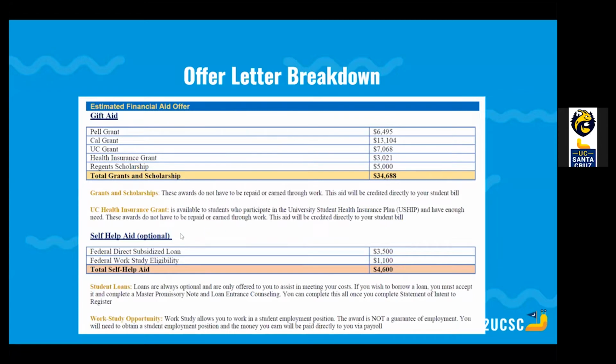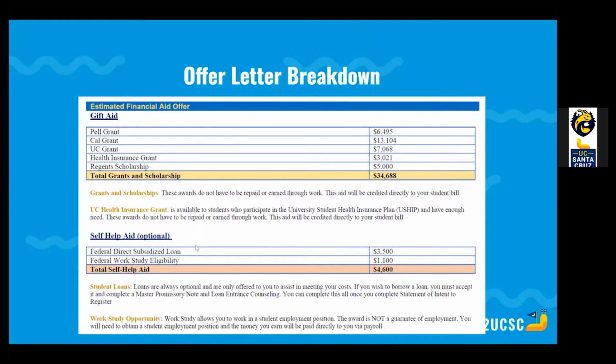You have the option to borrow a student loan. In this student's case, they were eligible for a federal subsidized loan and federal work study eligibility. You may be offered other types of loans like a federal direct unsubsidized loan or a Parent Plus loan. You might see those.